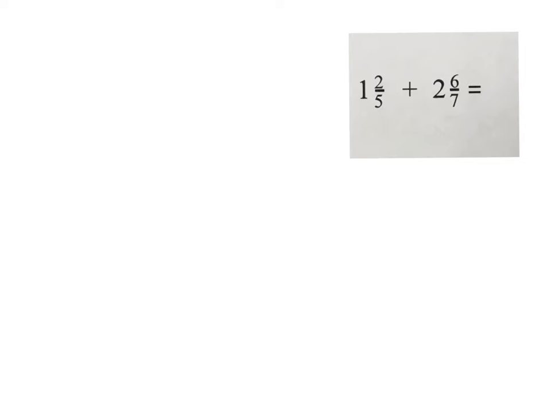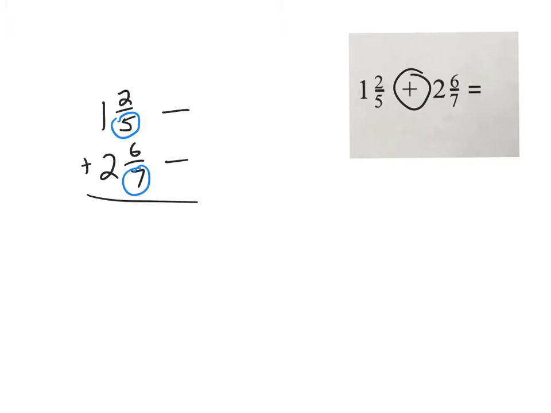Second problem, it's 1 2/5. We're going to notice this is an addition, so I've taught you that I like you to write the problems out vertically. So 1 2/5 plus 2 6/7. What we need to do is find a common denominator for 7 and 5.